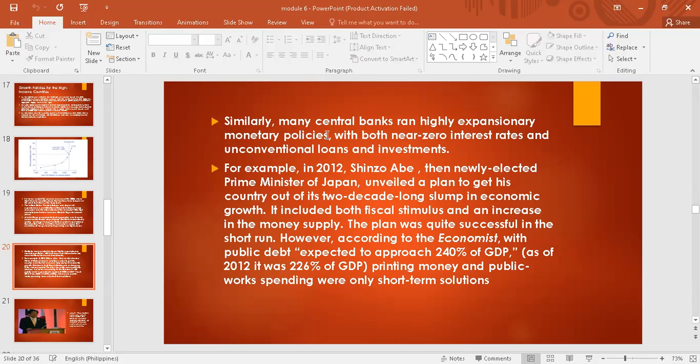Okay? Near zero interest. So when banking institutions in the Philippines offer low-interest loans, many businessmen will be enticed to take a loan and try to put up or expand their business, and the result for our economy is more production.